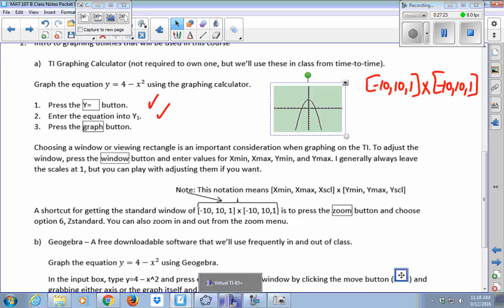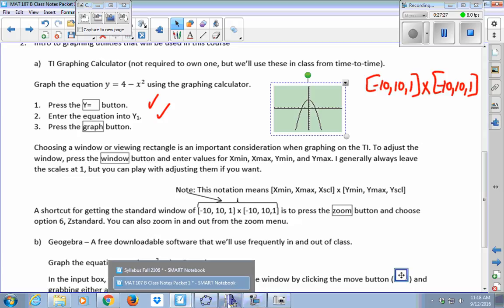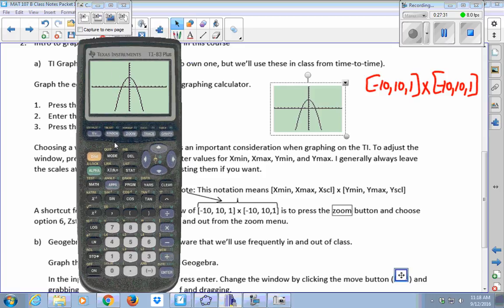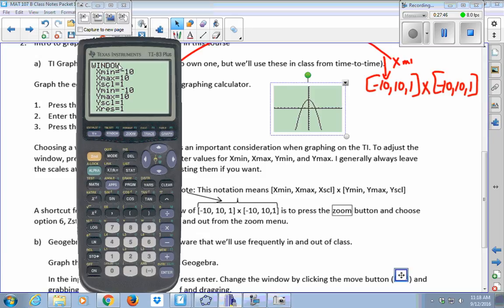And to make sure that you have that standard window, and I'll explain what that is, go to your calculator and hit the little button that says window. Okay, so the very first thing you see in your window is the minimum value for x. The very first thing you see in this notation also corresponds to the minimum value of x.